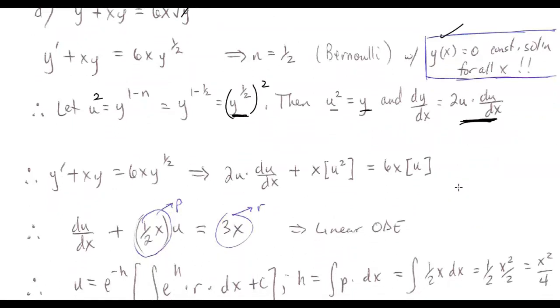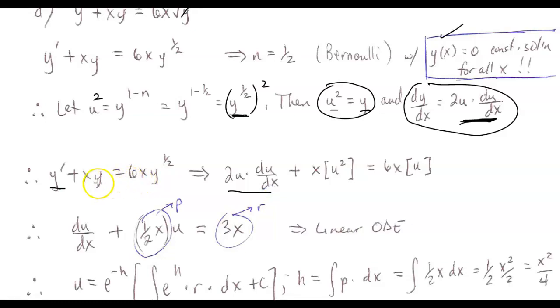Once we're there, we just need to substitute what dy over dx is and what y is into our Bernoulli equation. So with y prime, do the replacement. With y, do the replacement. And of course, y raised to the 1/2 would be the same as u squared raised to the 1/2, which is just u.